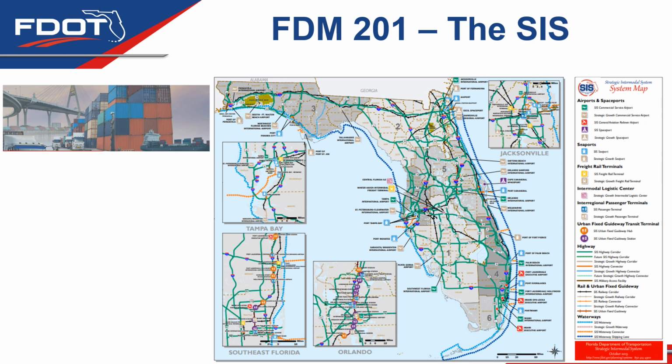You'll notice that those roads run down to our airports, seaports, spaceports, all kinds of different freight and intermodal facilities that move people and goods across our state, through our state, and on into the rest of the United States. So this is a very important part of our transportation system. It's a key element of our economic development in Florida, and it certainly is something that we want to protect at all costs. And so this SIS is a function that many of our roads have to serve.